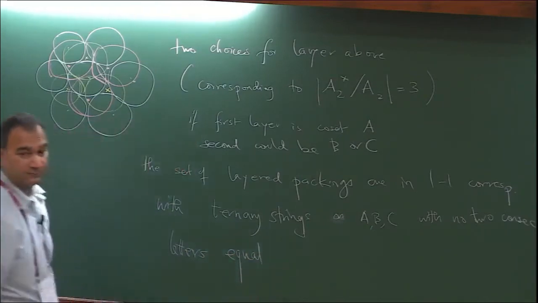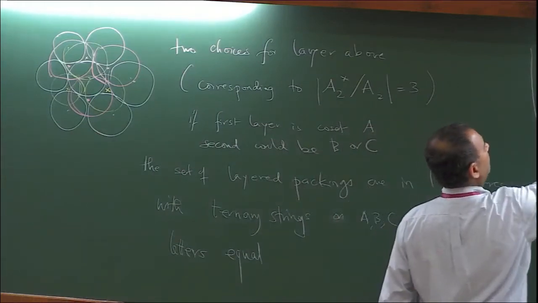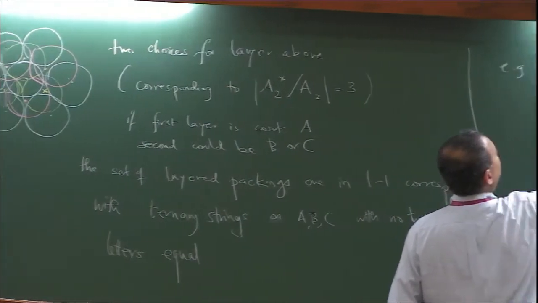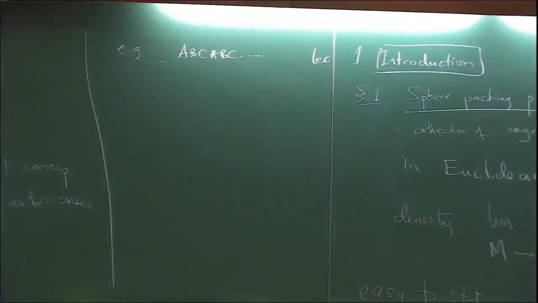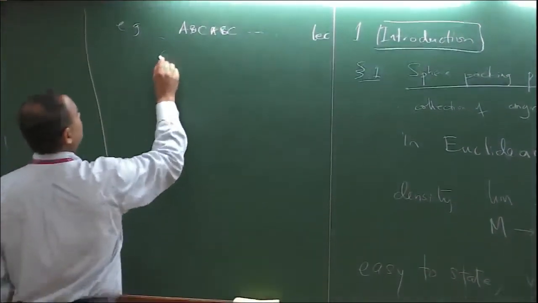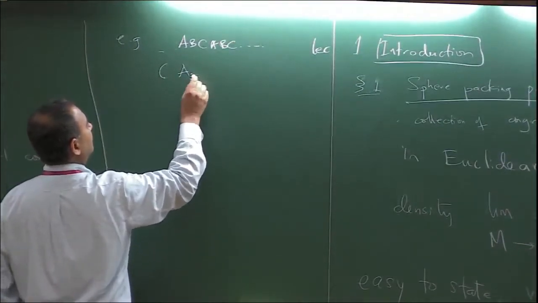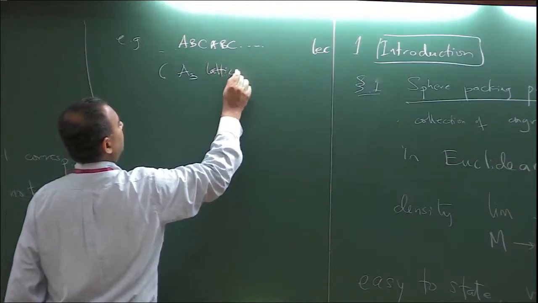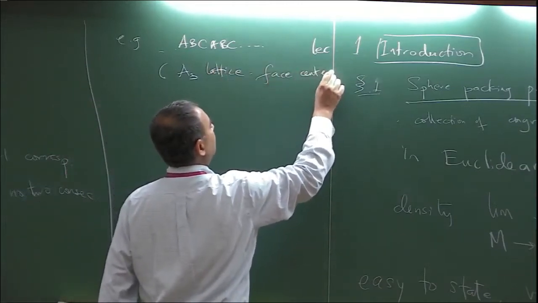Right? So you could have, for instance, ABC, ABC, dot, dot, dot. This turns out to be the A3 lattice. This is also called the face-centered lattice, face-centered cubic.